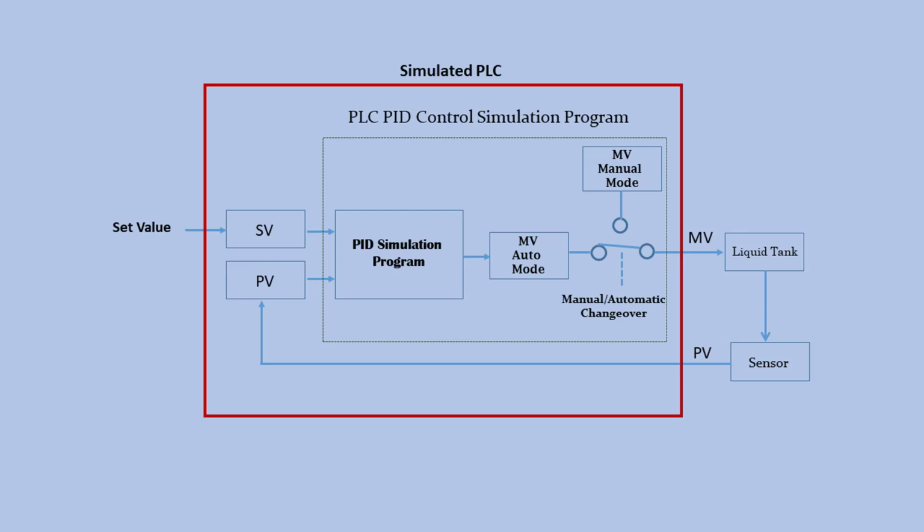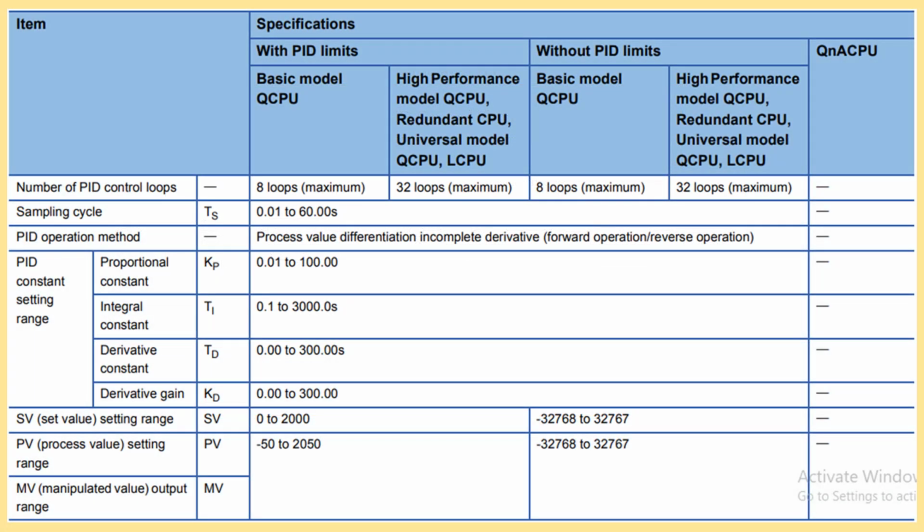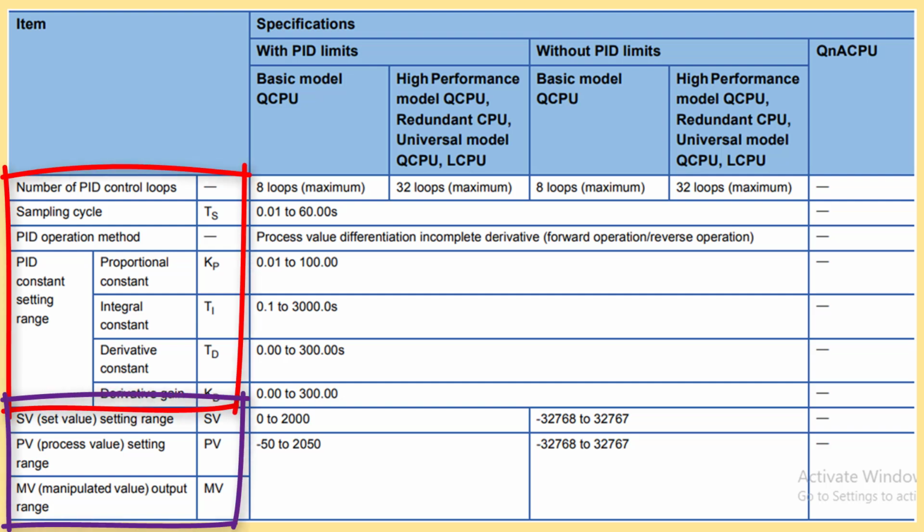From the Q series PLC PID instruction manual, the algorithm behind generating the manipulated value can be found as shown in this video. So, you will find a set of PID control data and input-output data that have to be taken into consideration while you are implementing PID control using the PID control instruction.